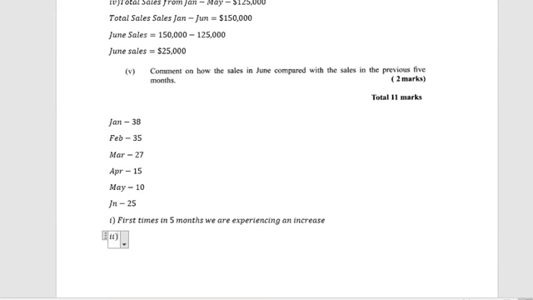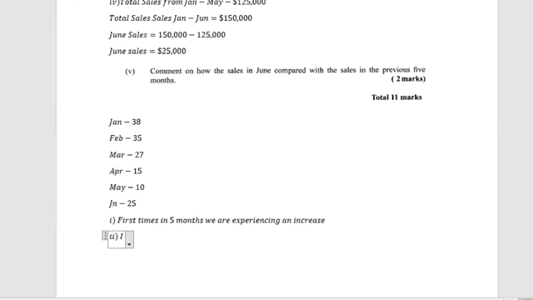Next observation, this 25,000 that was sold in June. So it's the total of April and May combined. Exactly. It is also the average amount of sales. So that's one.